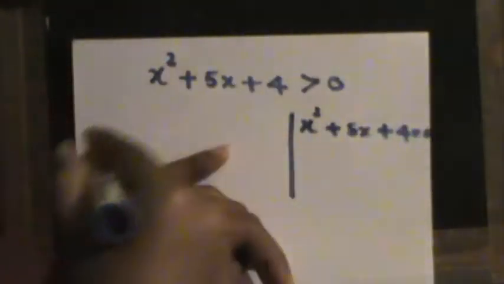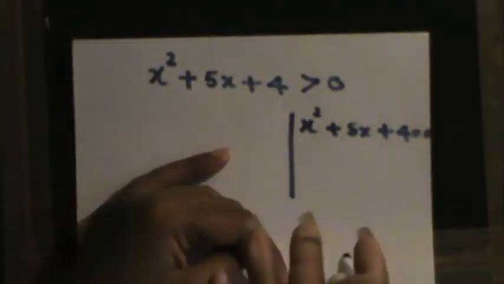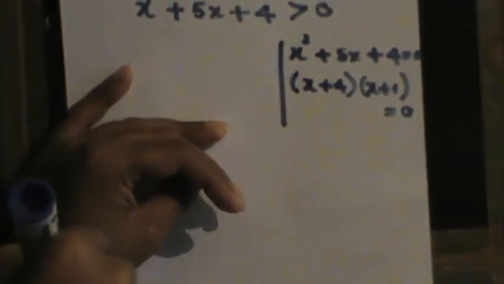In order to find the solutions, the easiest way is to factorize this. So it becomes x plus 4 times x plus 1, and that is equal to 0. When x plus 4 times x plus 1 is 0, you equate each factor separately to 0. So x plus 4 is equal to 0 as well as x plus 1 is equal to 0. First I'll solve this one.